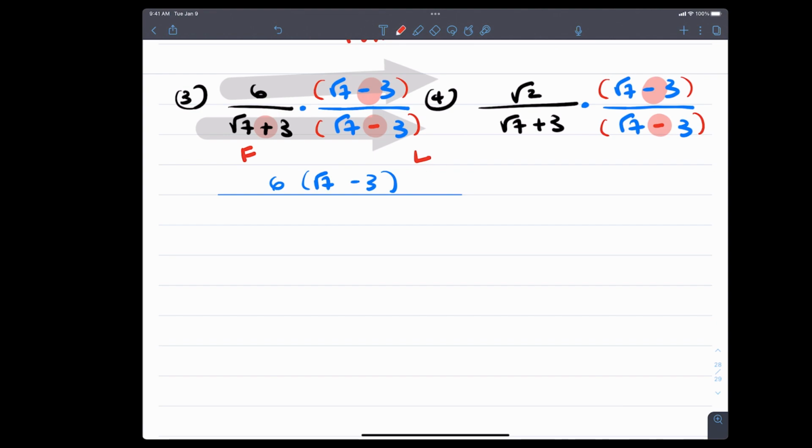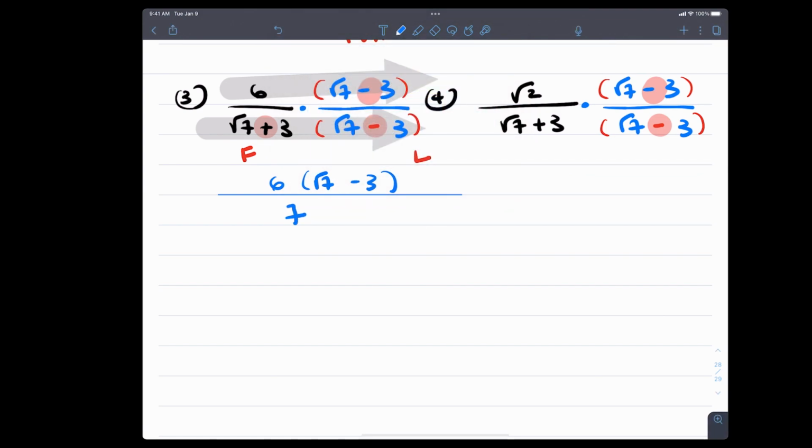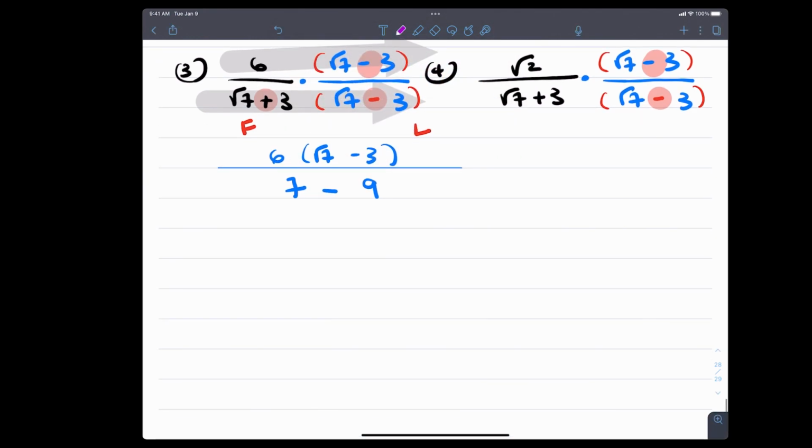Okay, so what's the square root of 7 times the square root of 7? Is that 7? Is that right? And then what's a positive 3 times a negative 3? Negative what? 9. Now, maybe you said, I don't believe you, Mr. Judge. Okay. If you don't believe me, that's fine.